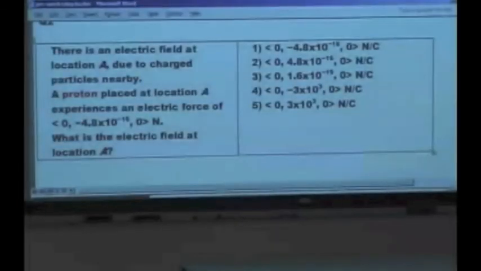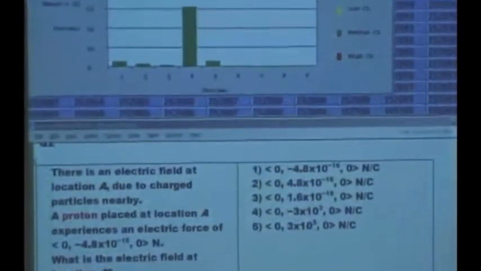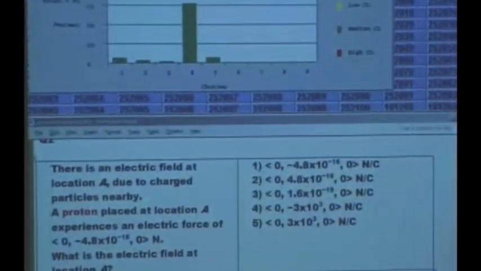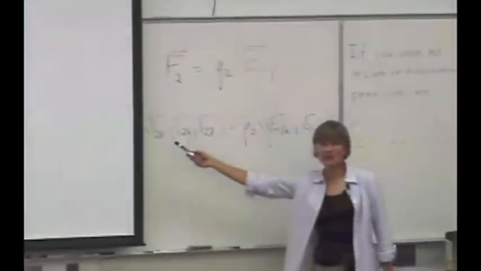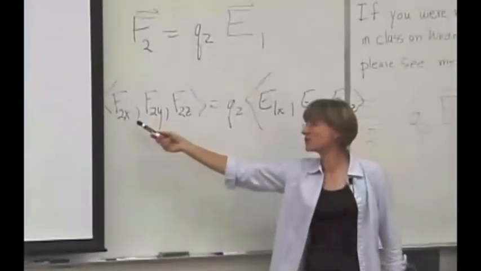Here's some possible answers. Okay, well, we definitely have a popular answer. Now, how do we do this? Let's remember that this vector equation really tells us a lot about the components of these two vectors.